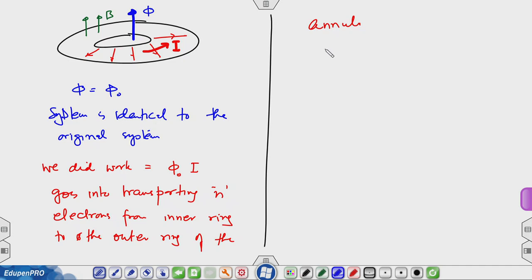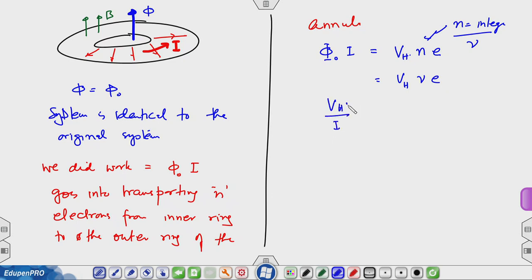So, you got to have phi naught I is equal to V Hall times N e, where N is an integer. Let me write this as nu. So, let us write this as V H nu e. So, V H over I, and V H is in y direction, I is in x direction, is equal to phi naught over nu e, which is h over nu e square.